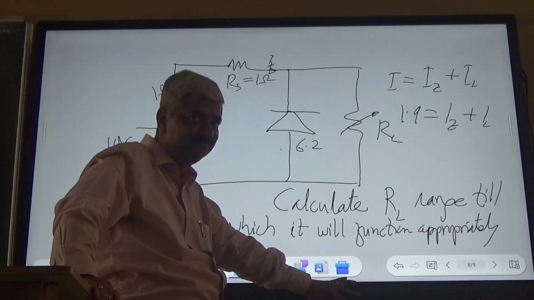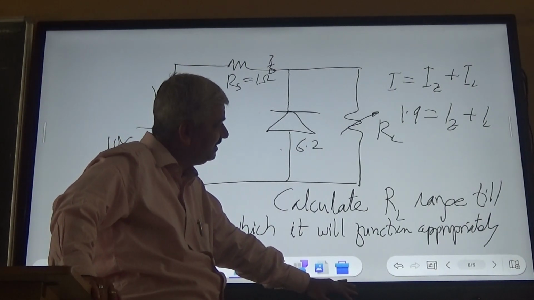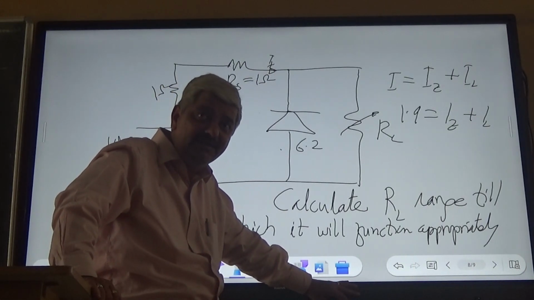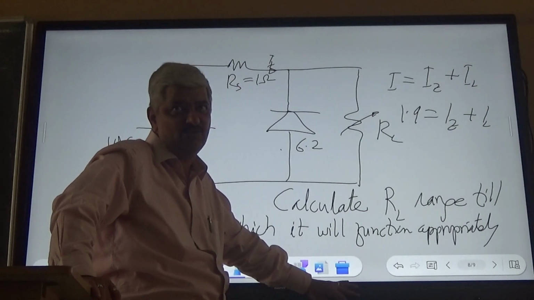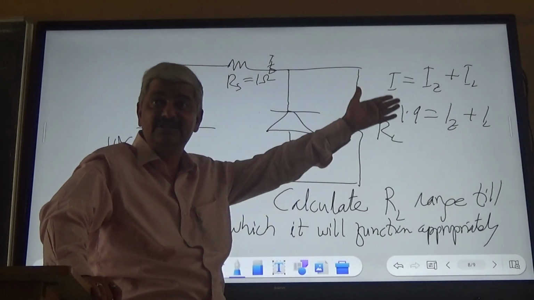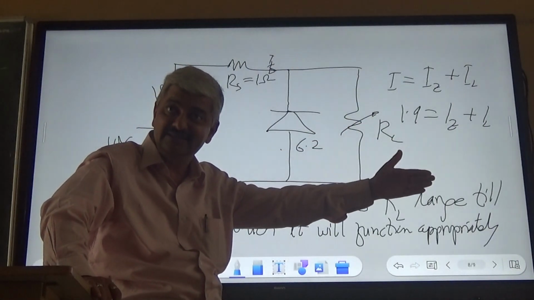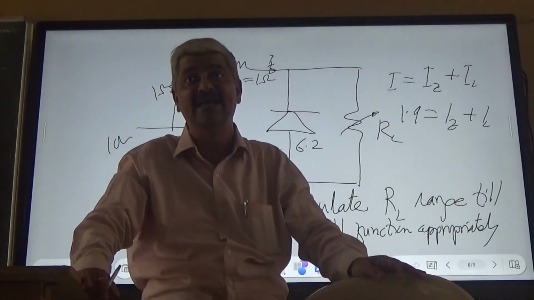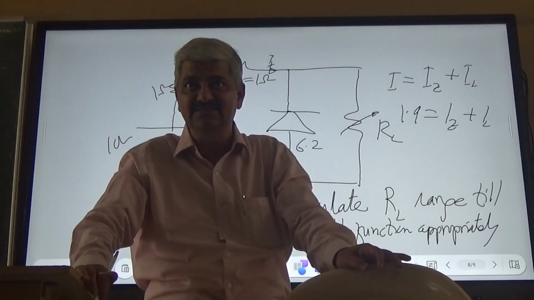Now, what is new in that? If RL reduces, what is IL? 6.2 upon RL. So when RL reduces, IL will increase.